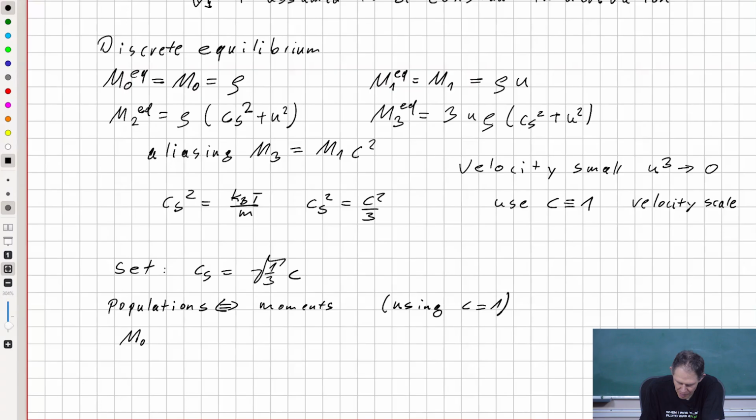So we have M0 being F minus 1 plus F0 plus F1. M1 is F1 minus F minus 1, and M2 is F1 plus F minus 1.